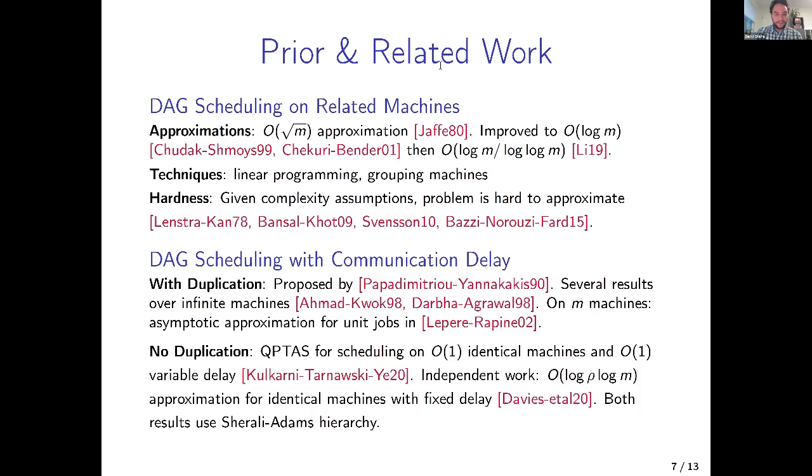Without duplication, there have been several recent results. One is a QPTAS for O(1) identical machines and O(1) variable delay by Kulkarni and Tarnawski, and that uses a Sherali-Adams hierarchy. And then, as we saw in the previous talk, the paper by Davies, Kulkarni, Rothvoss, Tarnawski, and Zhang presents a log ρ log m approximation for identical machines with fixed delay.